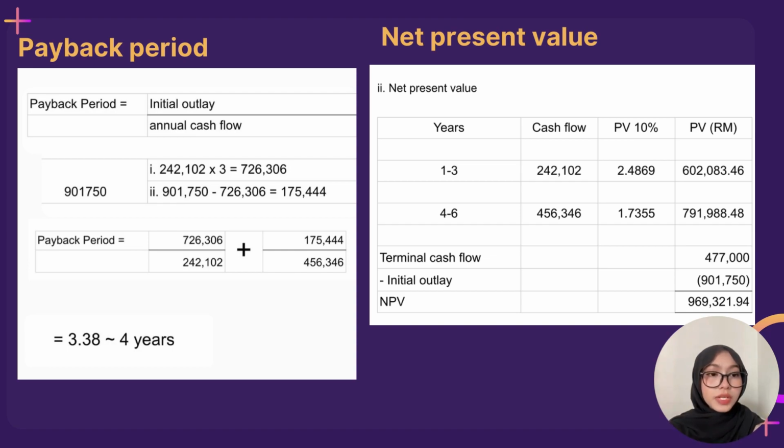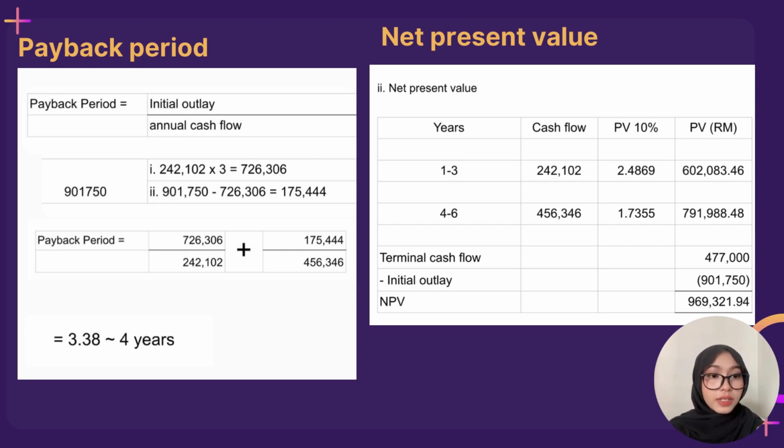Next, I will explain about net present value. For year 1 until year 3, the cash flow is 242,102, and the present value that we get from the table, 10% with 3 years is 2.4869, and we times cash flow with present value, and we get 602,083.46.